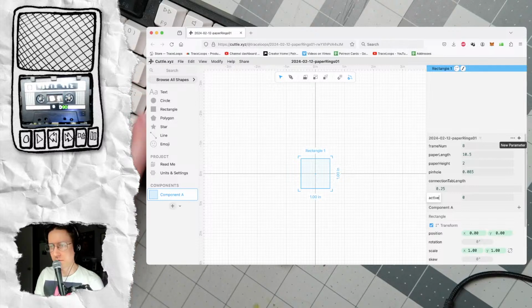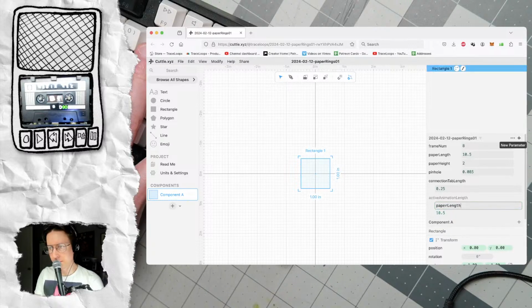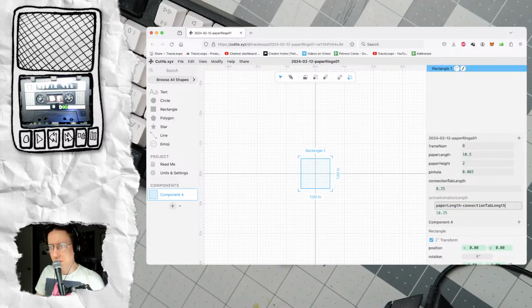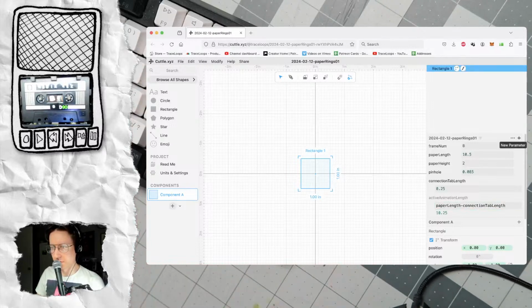Active animation length is going to be paper length minus connection tab length minus, let's see, I need to make one that's higher up.